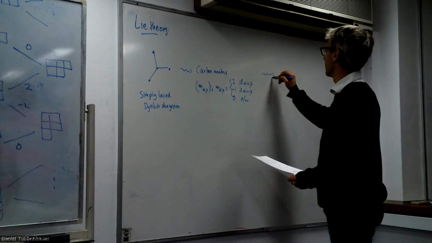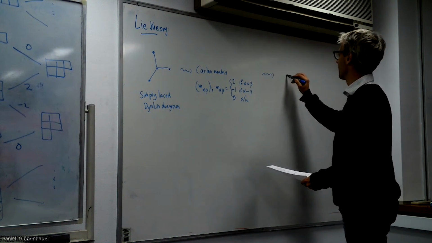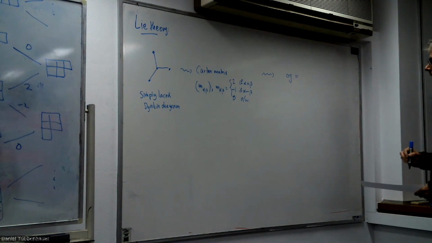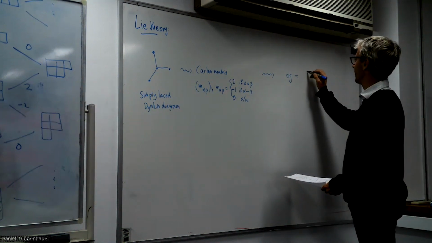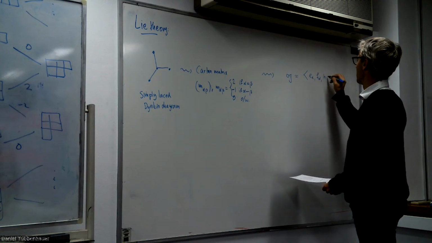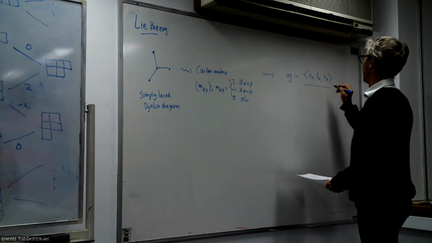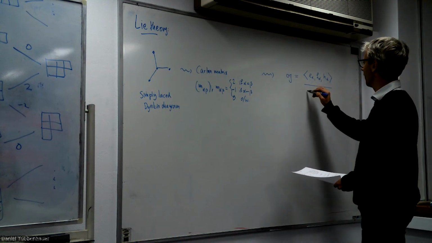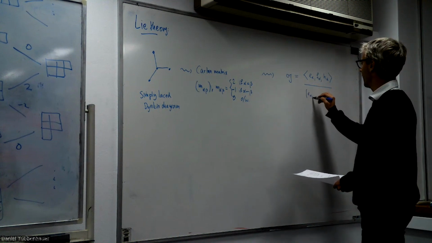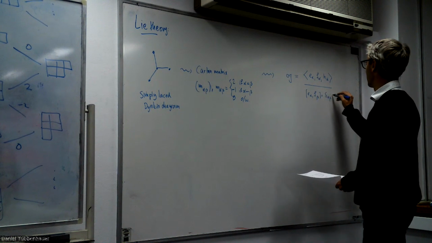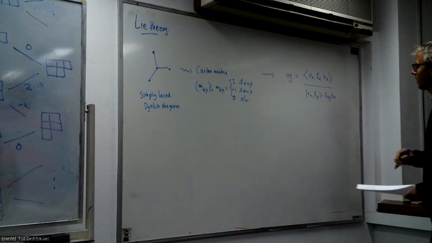And then you can associate g, which is a complex semi-simple Lie algebra, as the Lie algebra generated by E alpha, F alpha, and H alpha, subject to beautiful relations. So the relations are that the commutator of E alpha and F beta is delta alpha beta H alpha.